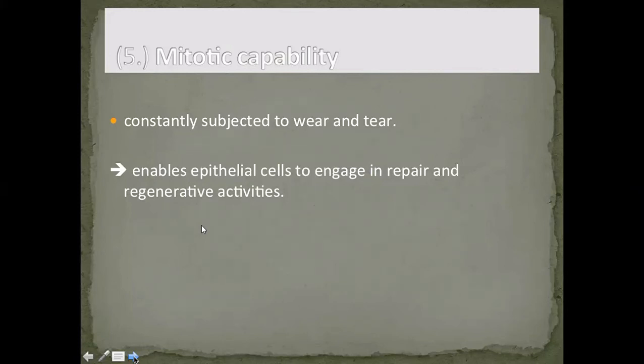Imagine your skin, if the lining epithelium didn't have mitotic capability, the epithelial lining would die and we would not grow another skin. So there would be no dead cells. All epithelial cells have mitotic capability.